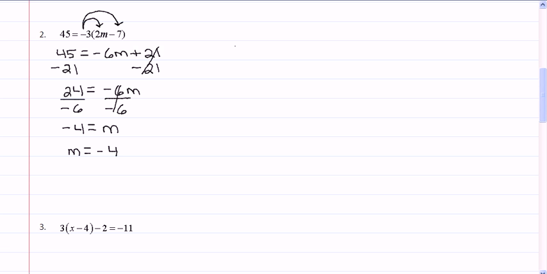So I check this on the right side of the screen, and I write my original equation. 45 equals -3 times (2m minus 7). And -4 gets substituted in for m.